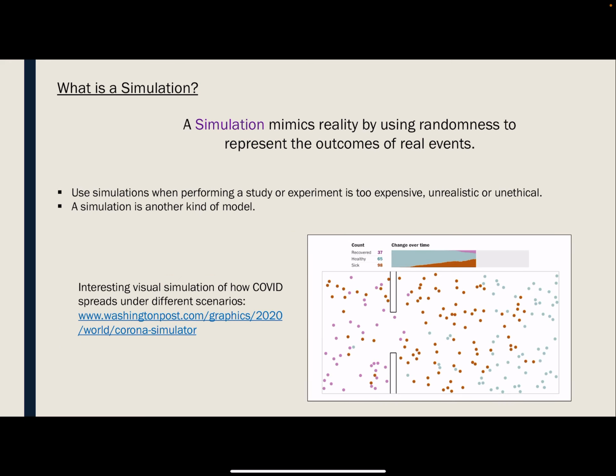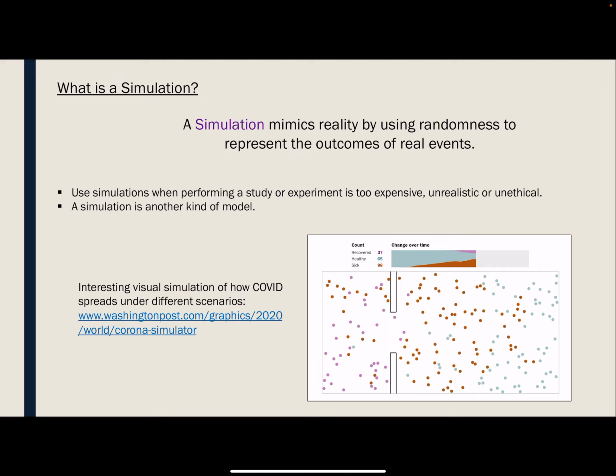So again, the topic of this supplemental topic, that sounds weird, is simulations. So what is a simulation? A simulation mimics reality by using randomness to represent the outcomes of real events. Ever since the pandemic hit last year, I've actually heard a lot about simulations in the news, especially in the beginning.